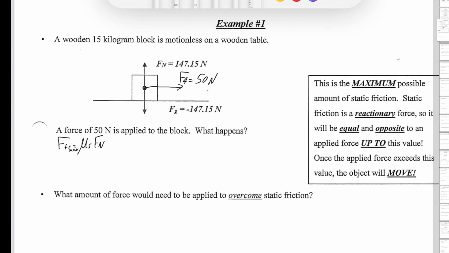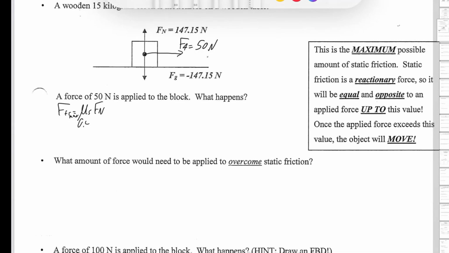We have this wooden block motionless on a table, so it's wood on wood. Its coefficient of static friction, when we take a look at the reference table, is 0.42 times the normal force, which is 147.15 newtons.